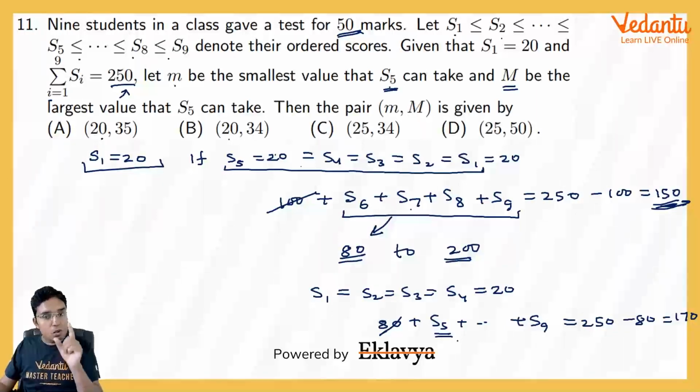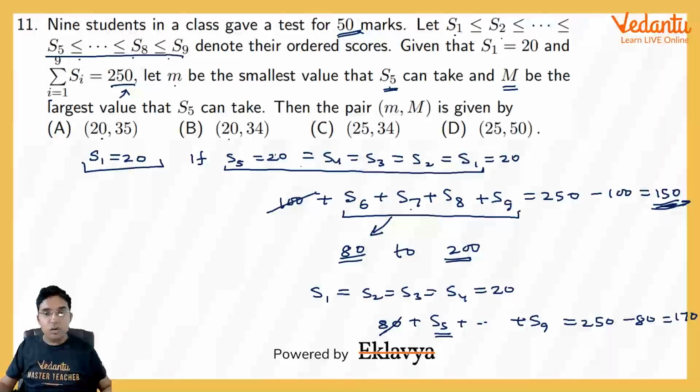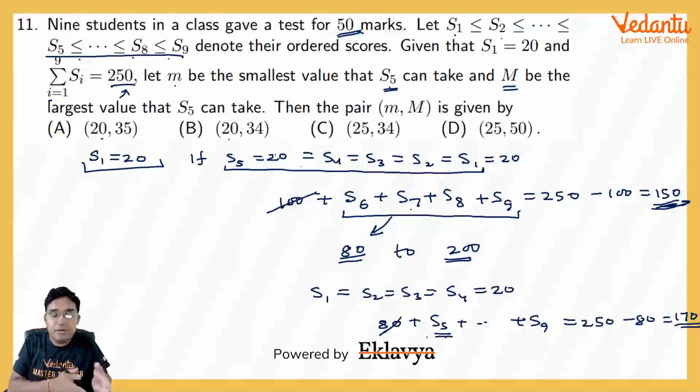Now, how can I have S5 to be maximum? I think to have S5 to be maximum, with this condition, we should keep all S5, S6, S7, S8, S9 to be equal. If I keep S9 to be higher, then obviously in order for this sum to be 170, that's a fixed value, I have to keep S5 a little lesser than if they all were equal.